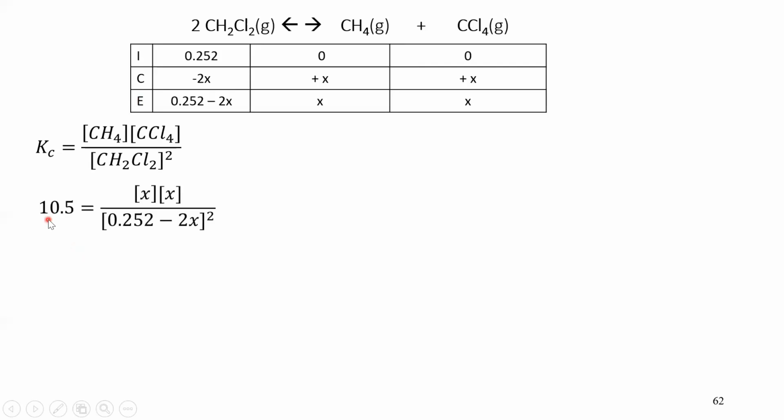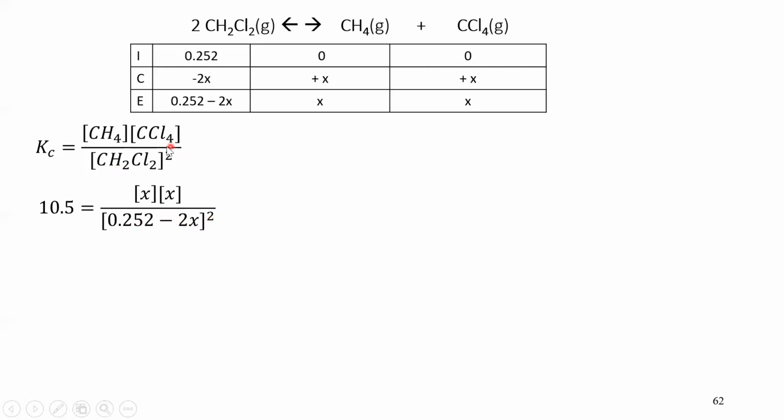So we have 10.5. This was given to us. We don't know CH4, but it's X based on the stoichiometry in the balanced equation. We don't know CCl4, carbon tetrachloride, but it's X. And we don't know CH2Cl2, but it's going to be the initial amount minus the amount that reacts.